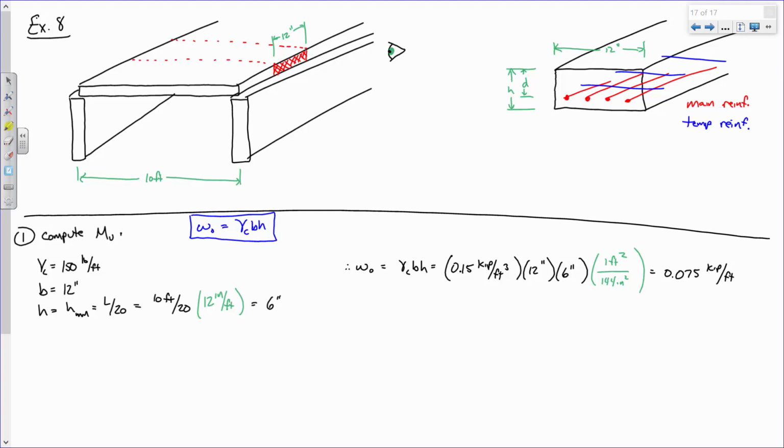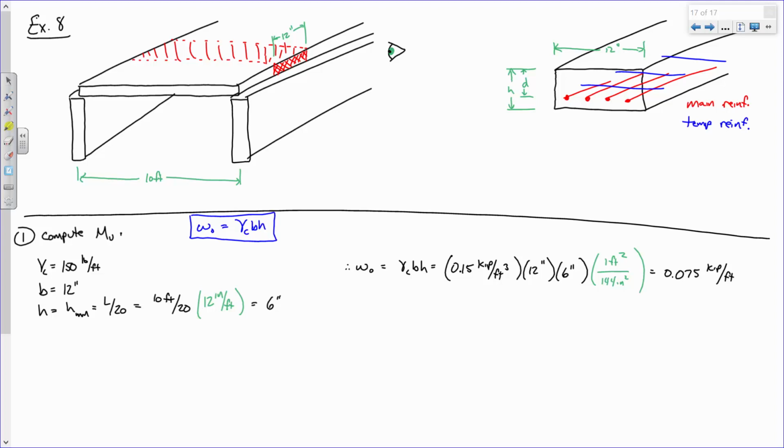Now, here's my question. What do you think the tributary width is for this 12-inch strip? How much do you think that 12-inch strip is responsible for? Itself. So 1 foot. That's exactly right. It's going to be responsible for all the floor load above it, right?